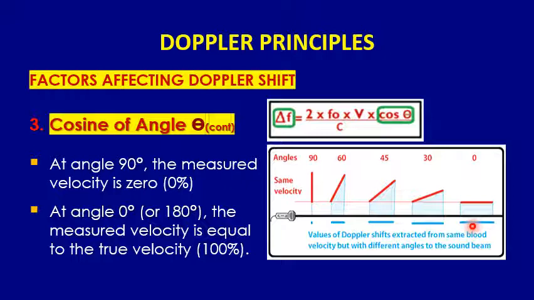So in this condition, what will be the effect for the other three angles? The higher angle, for example, 60, and then medium 45, and then 30. These are just examples I'm using here. If I have an angle of 60 degrees, compared to the 0, I'm now getting some Doppler shift being detected.